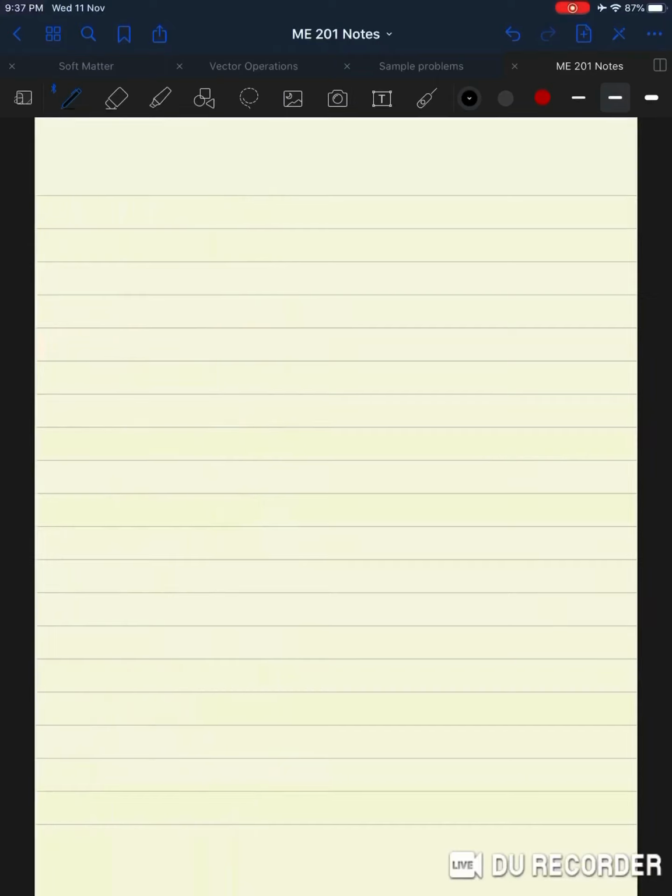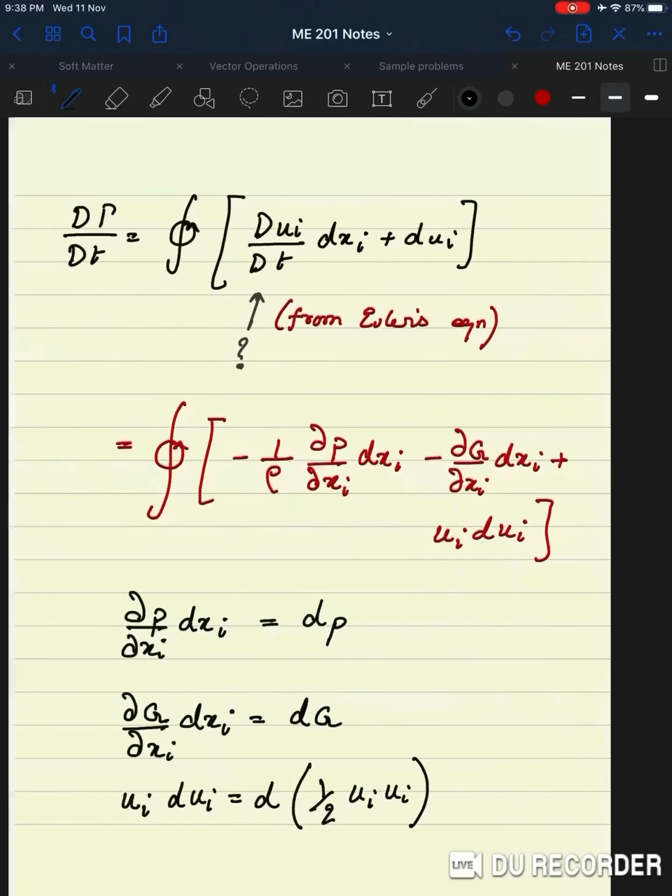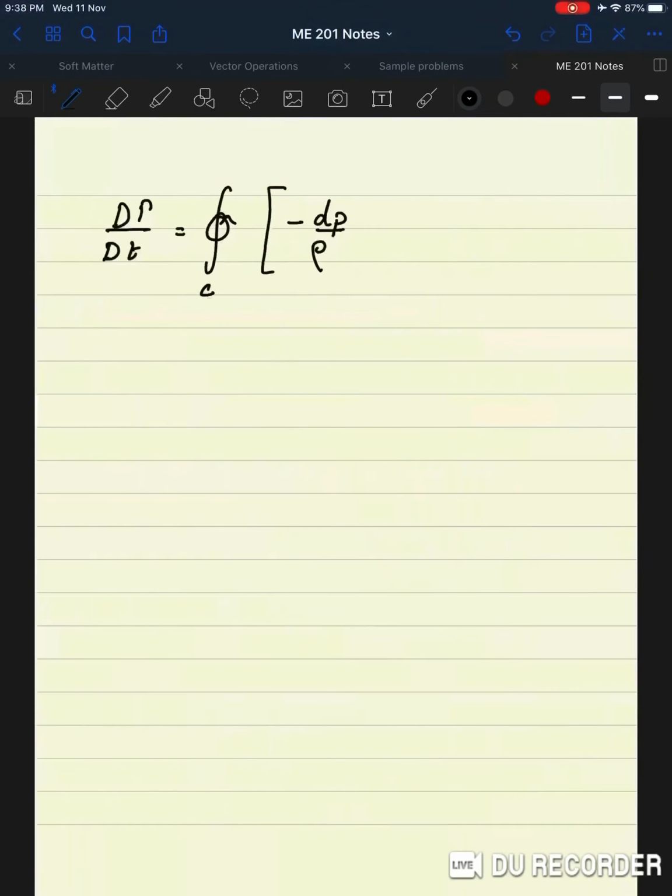What do we get? We have dΓ/dt equal to the integral over the curve of minus dp by rho, minus dg, and then finally plus d of half u_i u_i.